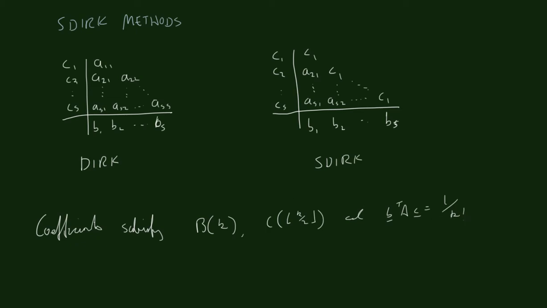So I'm going to talk through the example in the notes. Example 3.5: derive a two-stage SDIRK method.